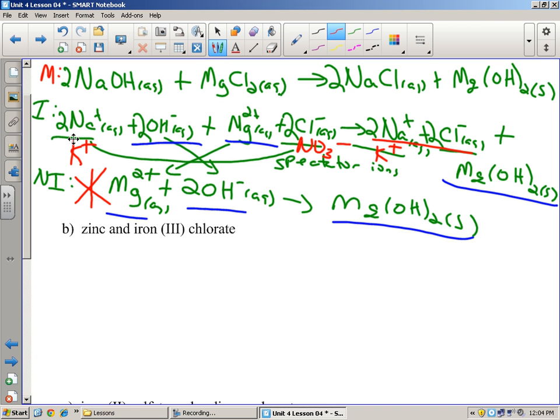So the three questions you are going to get on your test and on the final are going to be, question number 1, here's a list of 4 reactions. What is the ionic equation for, for example, the top one there, the molecular equation? So I'd say sodium hydroxide mixed with magnesium chloride. What's the ionic equation? A, B, C, or D? And you'd want to pick the middle one there. The second question you're going to get is, what is the net ionic equation?